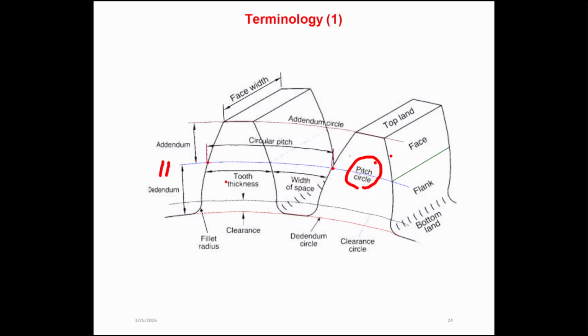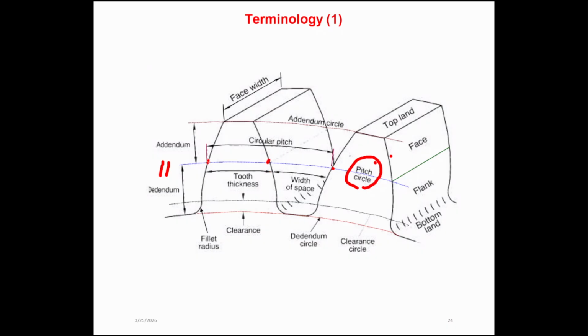And tooth thickness. Tooth thickness is measured again along the pitch circle diameter, to measure the width, the thickness of the tooth, right? From this point to this point. So that is the thickness.